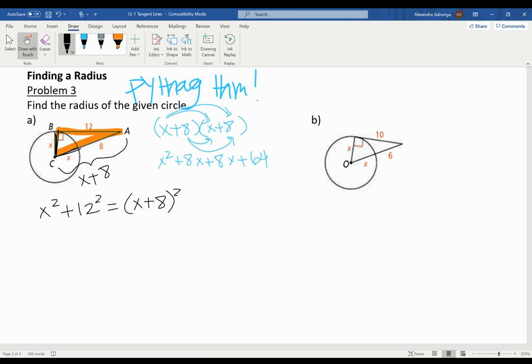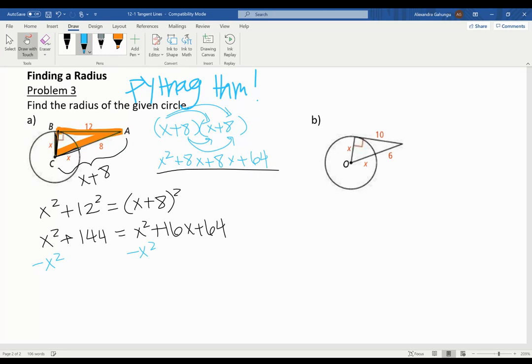So if I add all those pieces, I get x squared plus 144 equals, and we're trying to get the radius again, which is x. So we're just trying to solve for x. And we get x squared plus 16x plus 64. Subtracting my x squareds because I want them all on the same side, they cancel.